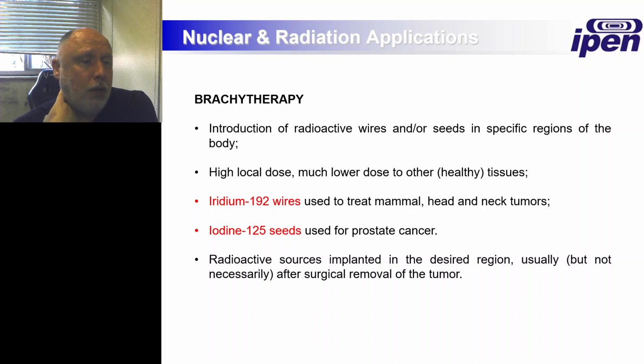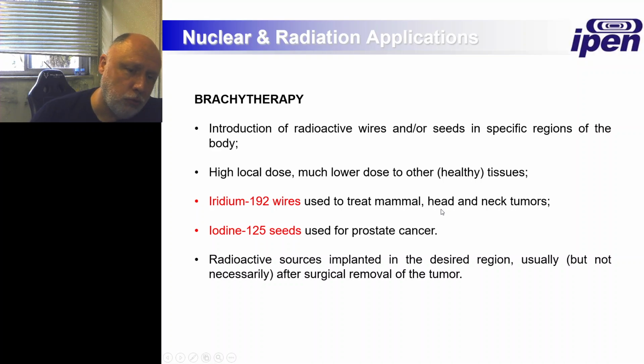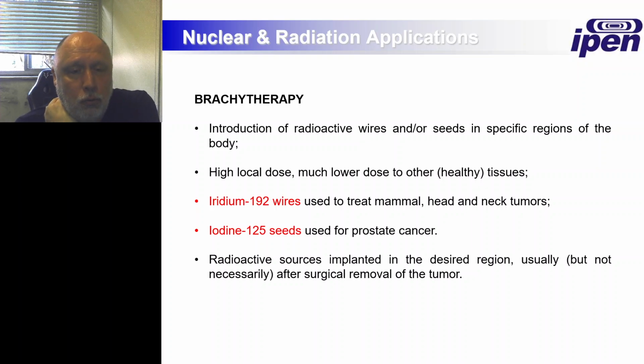You do that by choosing radioisotopes that emit radiation with a very short path. The most used ones are iridium-192 wires, which are used to treat mammary, head or neck tumors. You implant a small piece of wire, something like a needle, close to the tumor and leave it there.